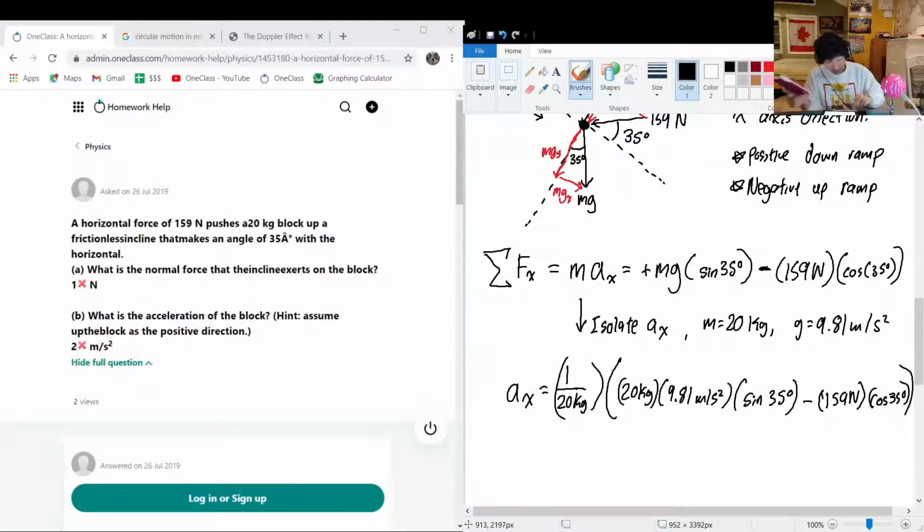And my final acceleration calculation for this is negative 1.61 meters per second squared in the x direction. Now keep in mind, we've said that negative is going up the ramp and positive is going down the ramp. So this is going to be up the ramp.